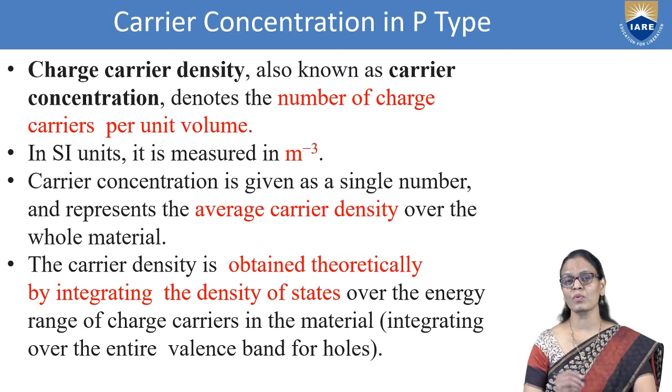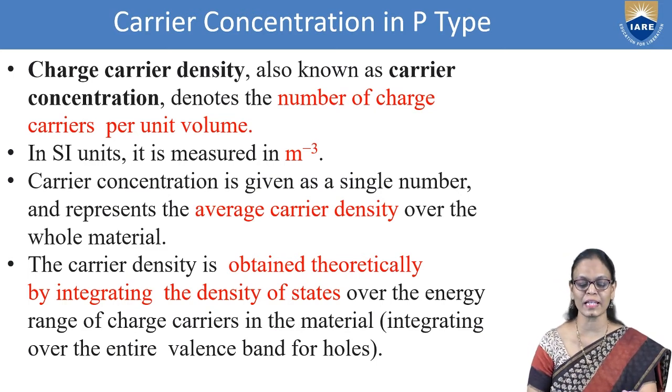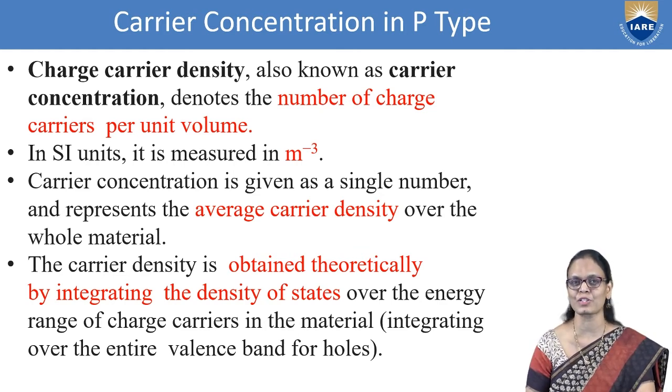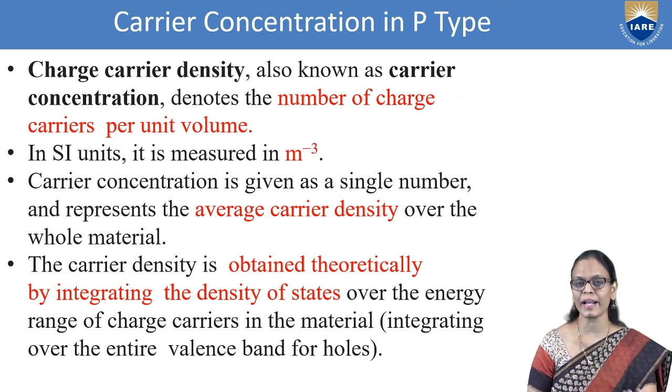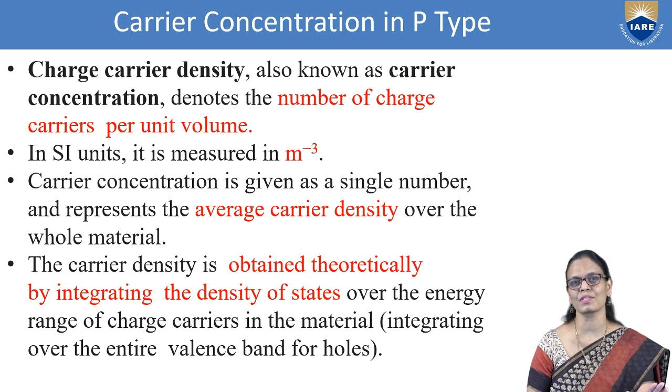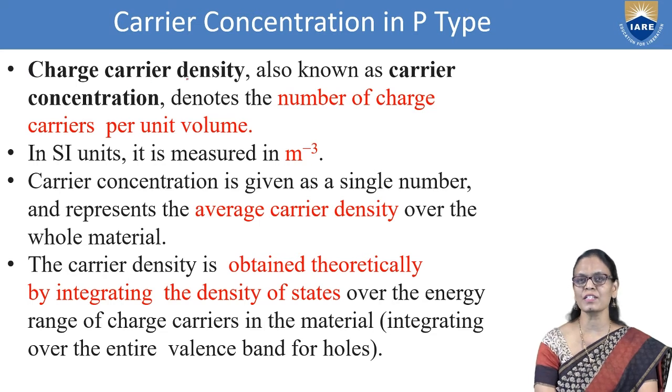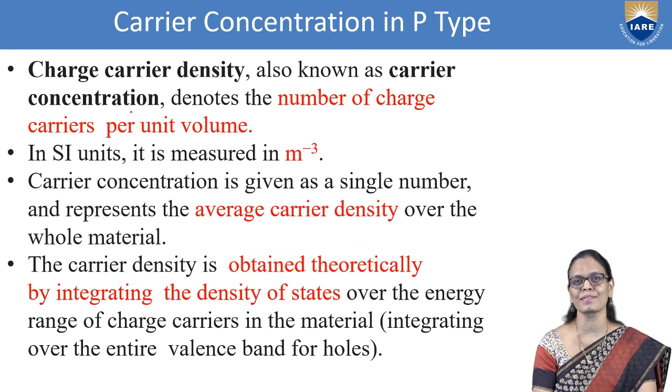Now we are going to derive an expression for the carrier concentration, the concentration of holes in the valence band, that is the majority carriers. But before doing the derivation, let us understand what carrier concentration is. We will understand the terms first and then derive the expression. Charge carrier density is also known as carrier concentration.